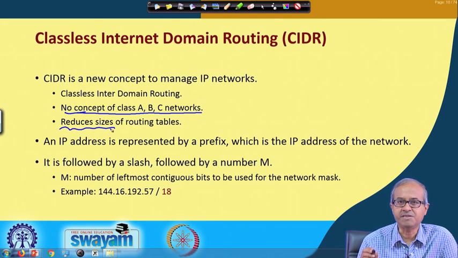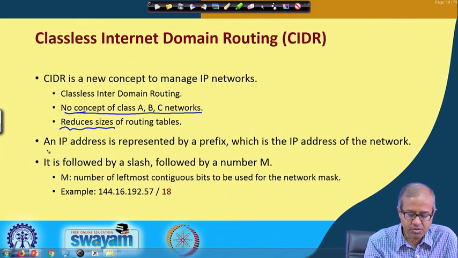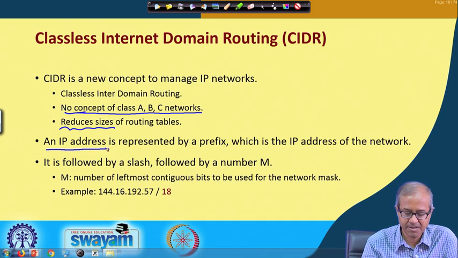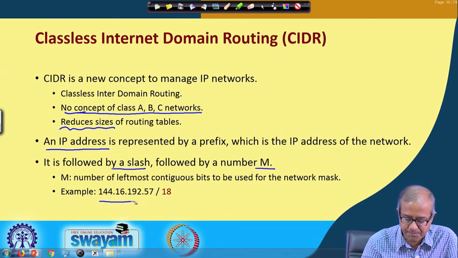Now, the way we specify CIDR addresses is like this. We specify an IP address followed by a slash followed by a number m. Let us take an example.